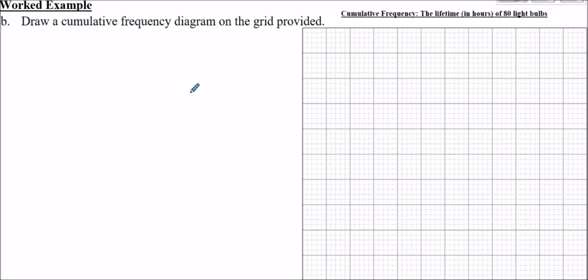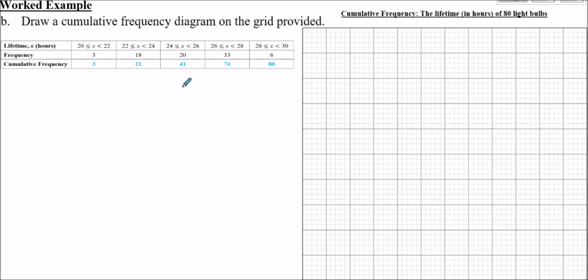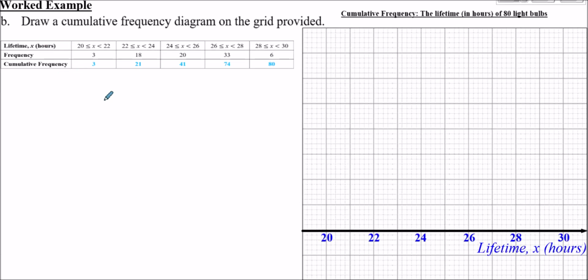Don't do a tiny graph. Tiny graphs are harder to read. So here's what I'd suggest you do. You don't have to, but I'll show you my scale in a second. Just to remind you as well, these are the entries from Part A, and the scale I'd suggest would be something like this. So the lowest value is 20, and the highest is 30 hours.